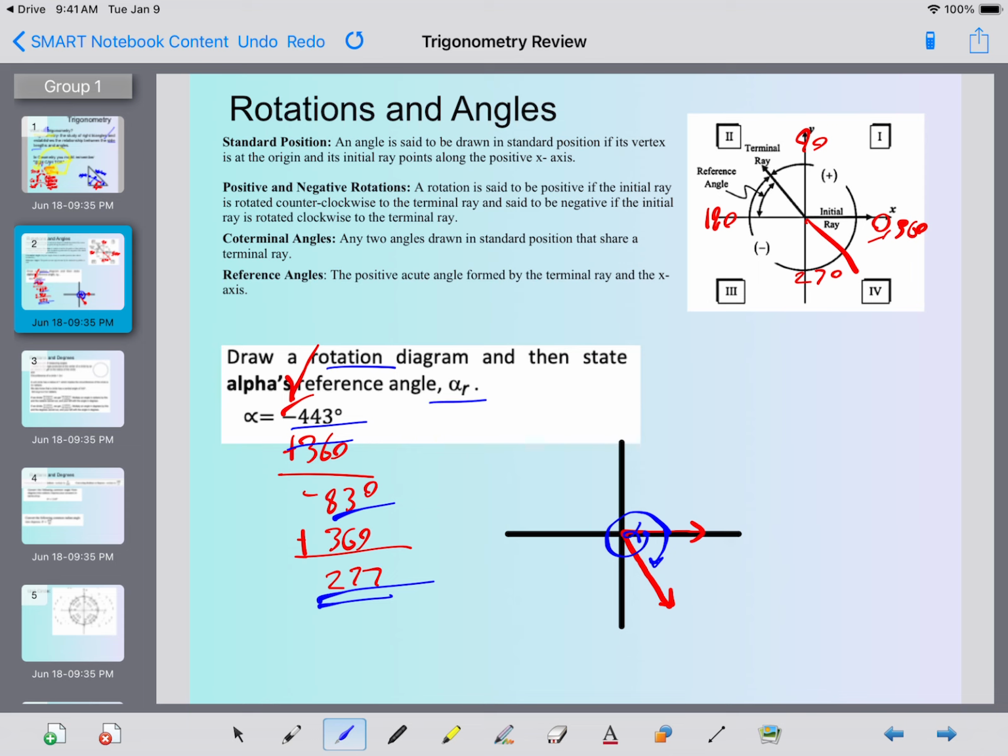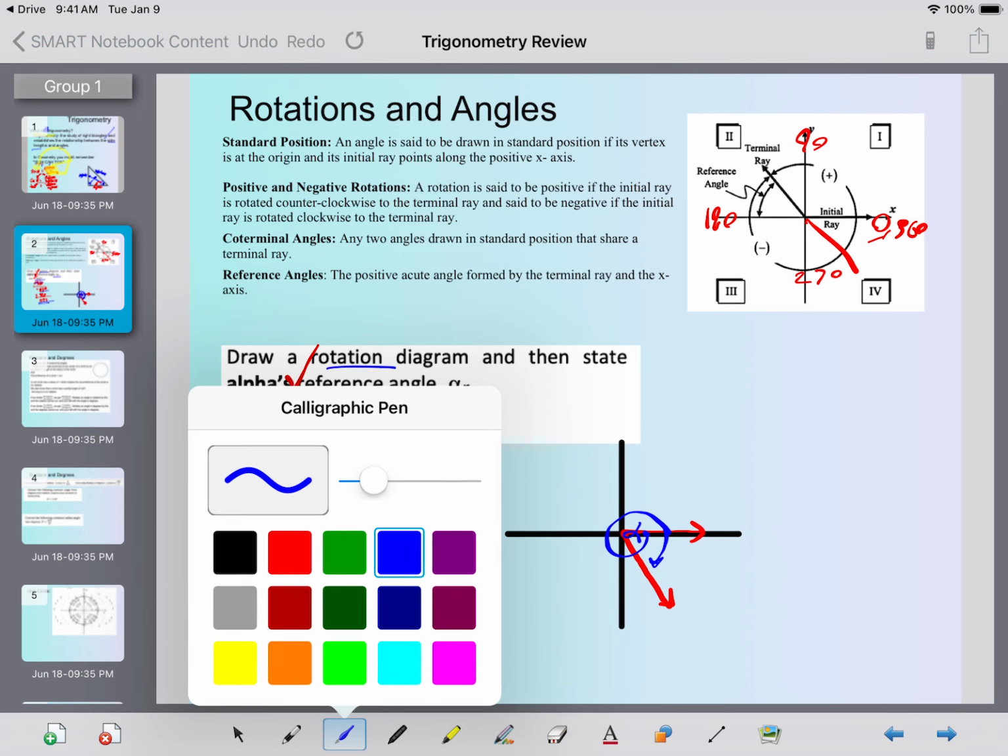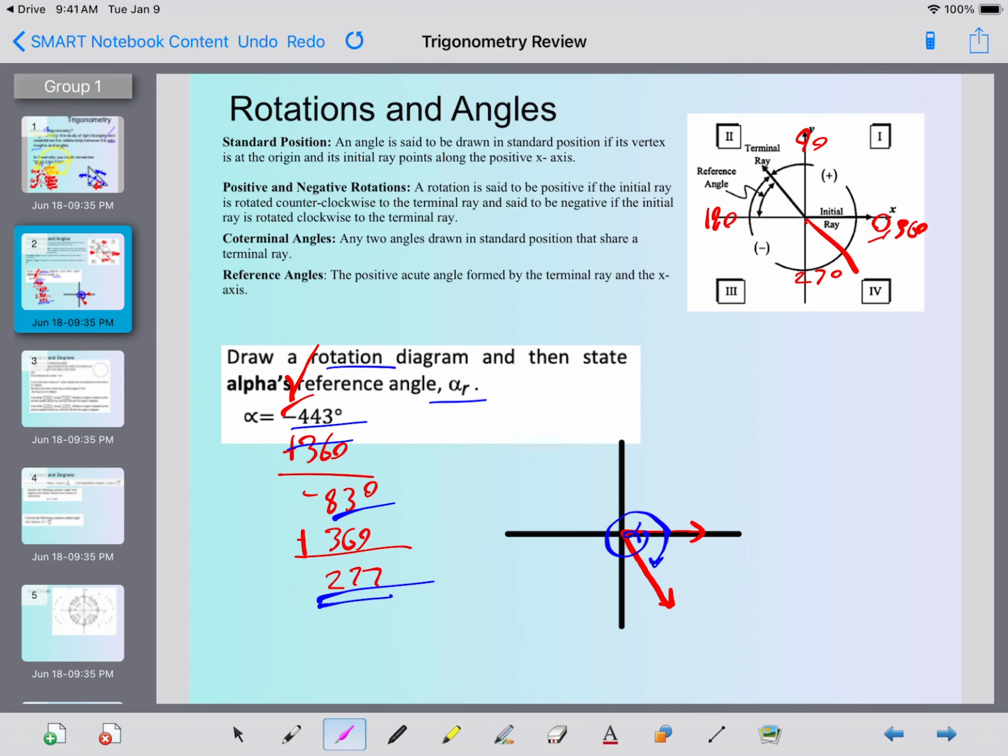We want to find the reference angle now. So we'll put the reference angle in pink. And we said that a reference angle is formed by a terminal ray and the x-axis. So we want to find this between the terminal ray and the x-axis.